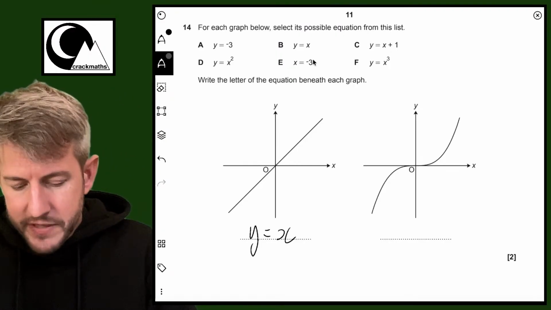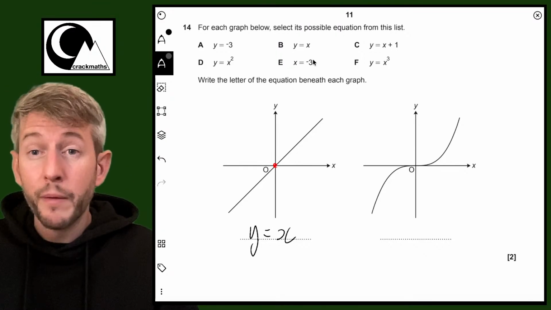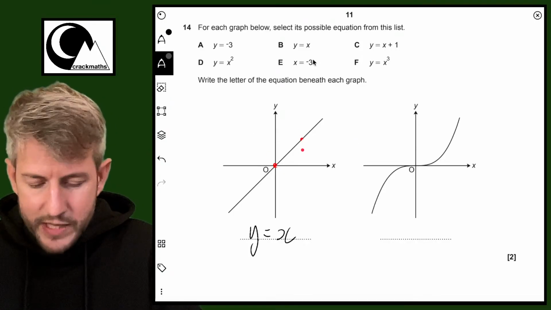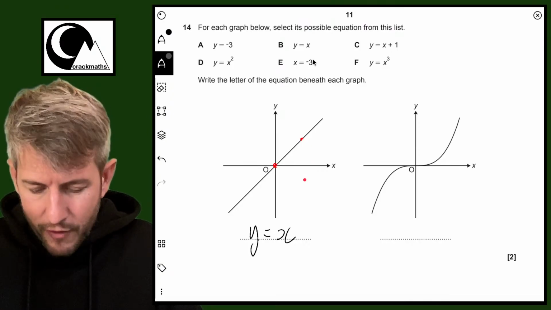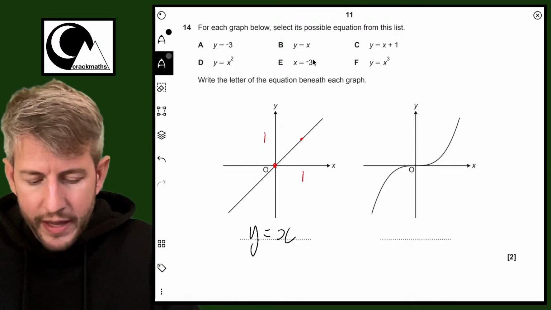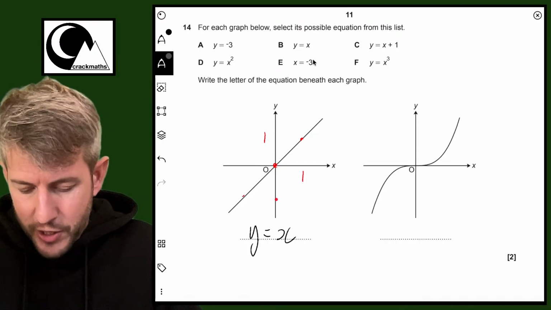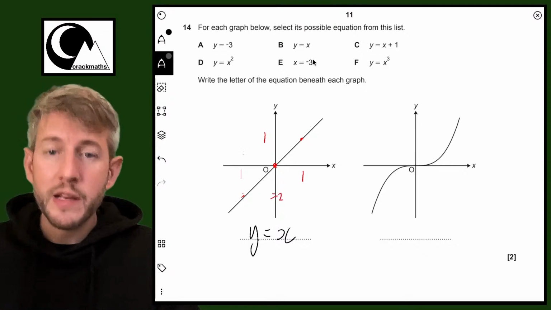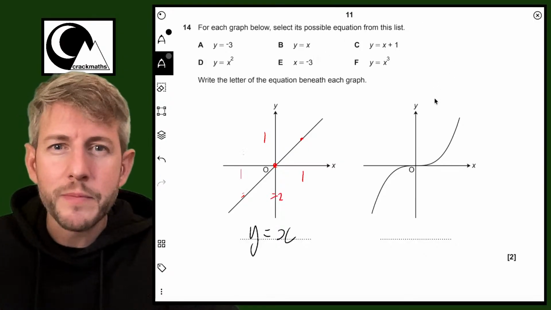You can kind of see it here. At 0, 0, they're both there. Now in theory, if the scales are the same, if I had a 1 here, that would be a 1 here. If I had a -2 here, that would also be -2. So that's why that is y equals x.